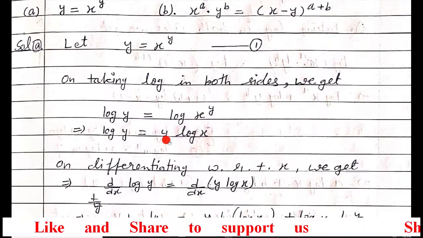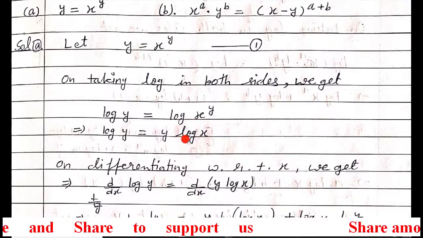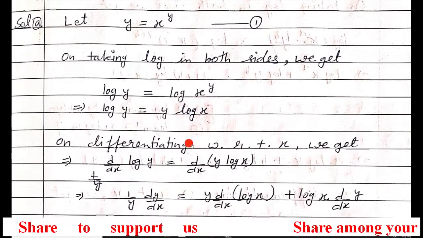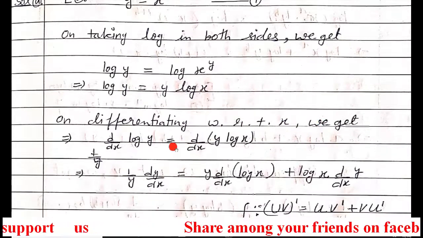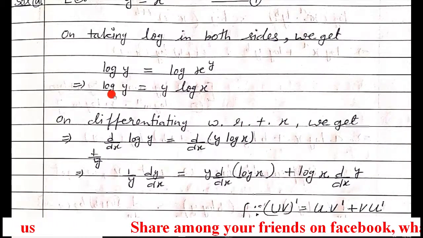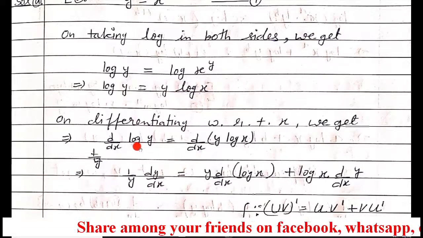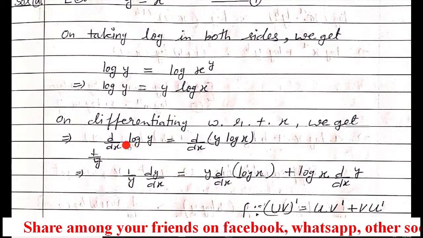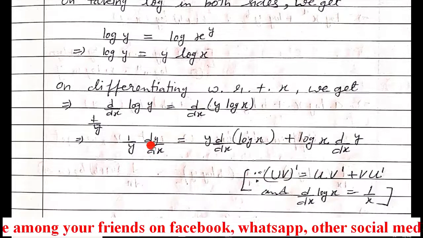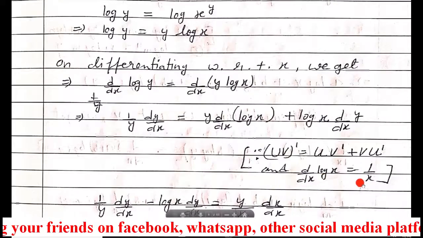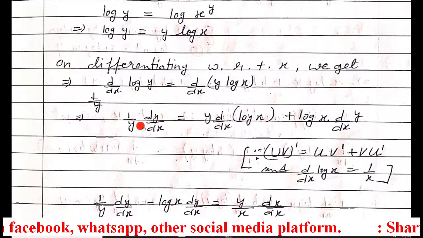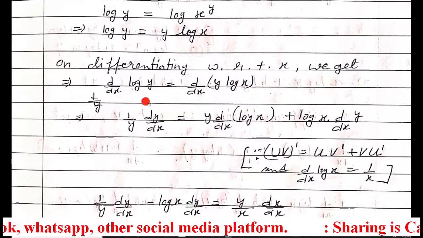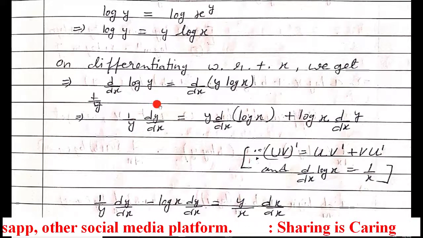Now since the variables are separated, we have to differentiate it. On differentiating with respect to x, the derivative symbol came here also and here also. Now, the differentiation of log y: you know that log x differentiation is 1 upon x, so log y differentiation is 1 upon y, and because of the chain rule, the derivative symbol came with y.